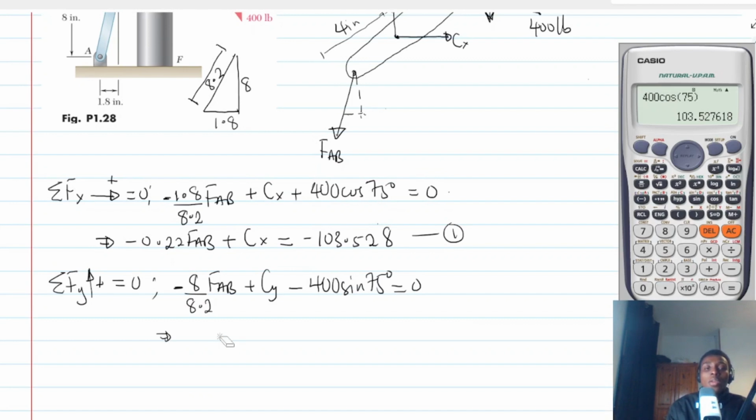So okay, what is 8 on 8.2? That is 0.976, or let's say 0.98.